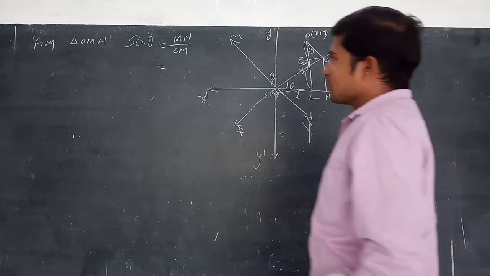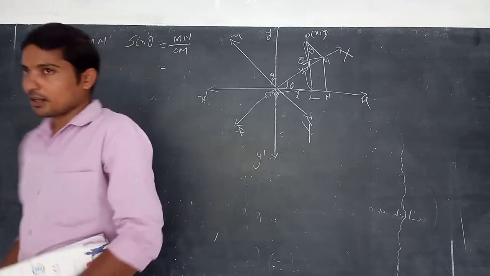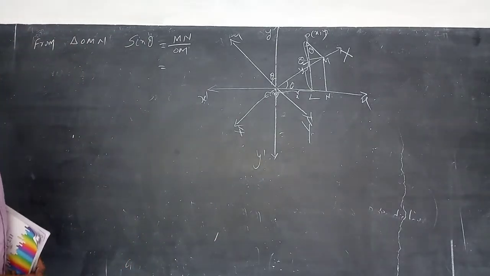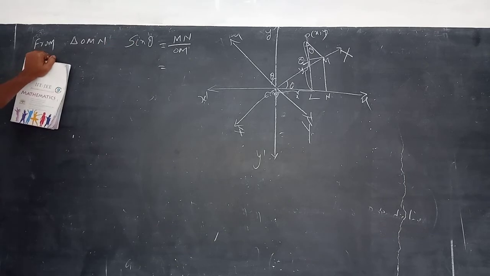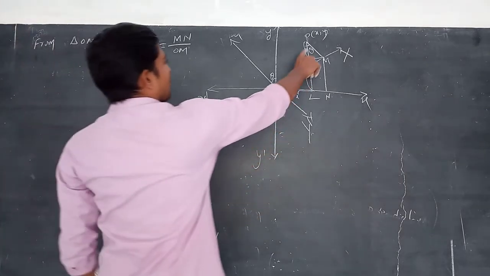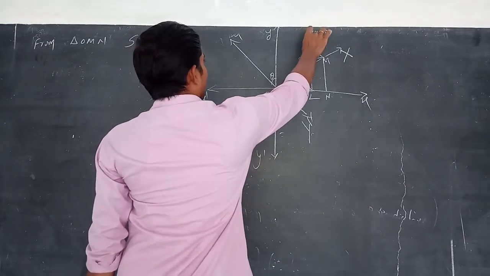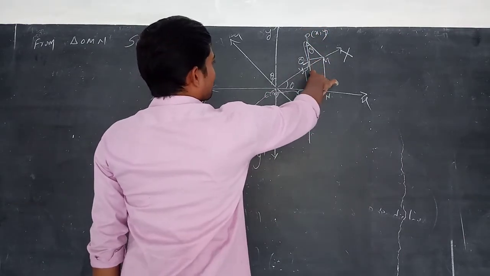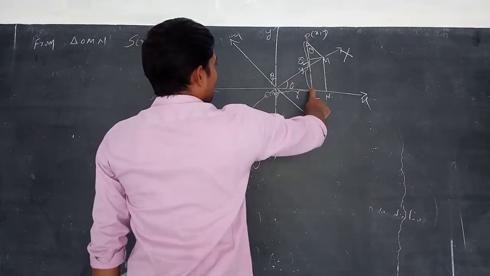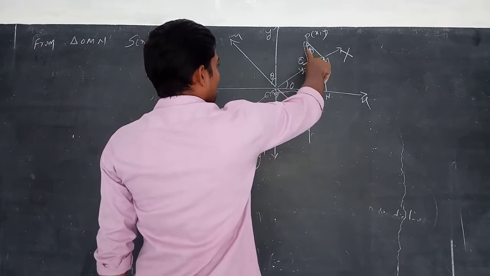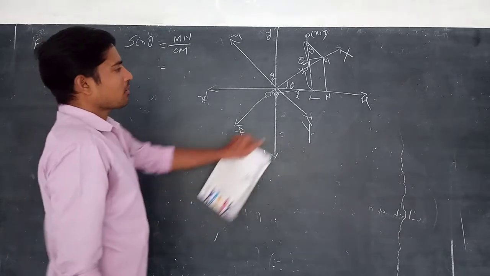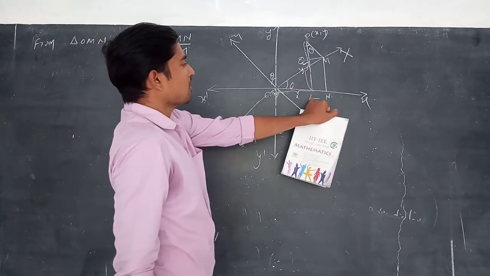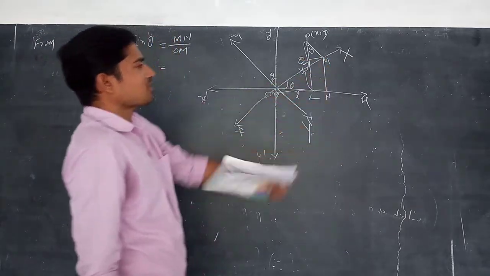We have to define what about M and N. PL is equal to PQ plus QL, and LNMQ is a rectangle.